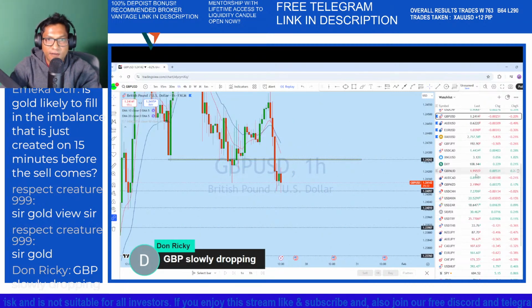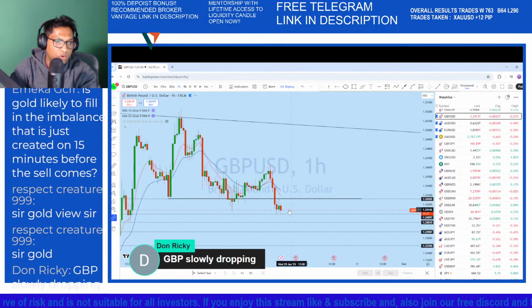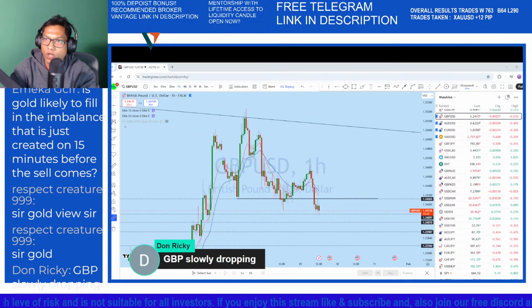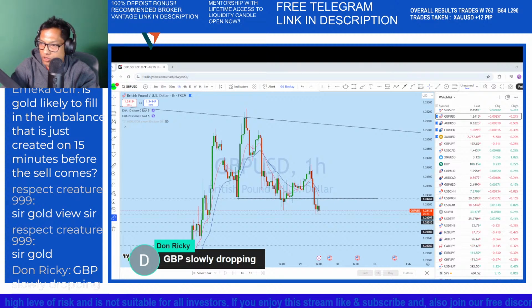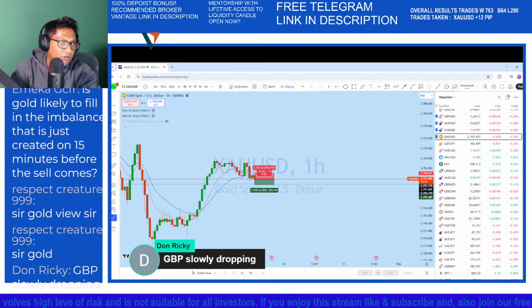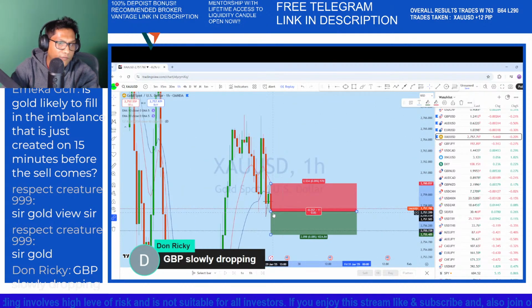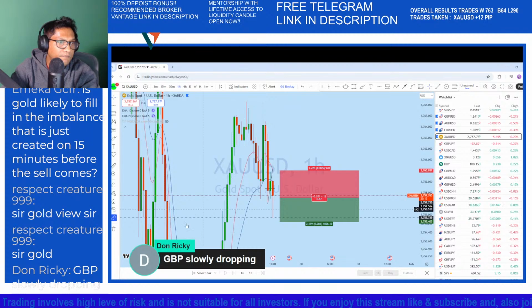So let's look at XAUUSD again. We can see GBPUSD trying to trend in the direction. We will be looking for further entry opportunity on British pound US dollar, but we will be looking at XAUUSD to see if there is any further entry opportunity on this instrument.